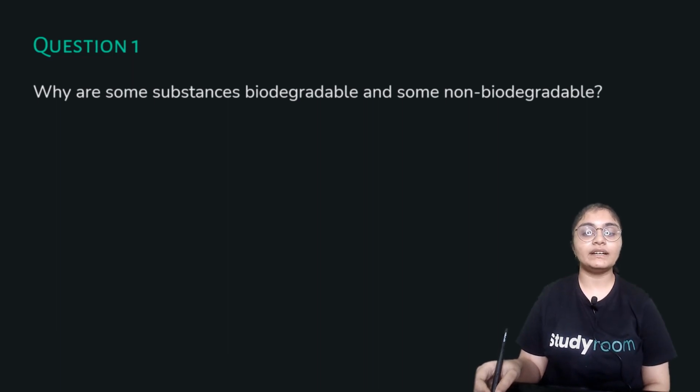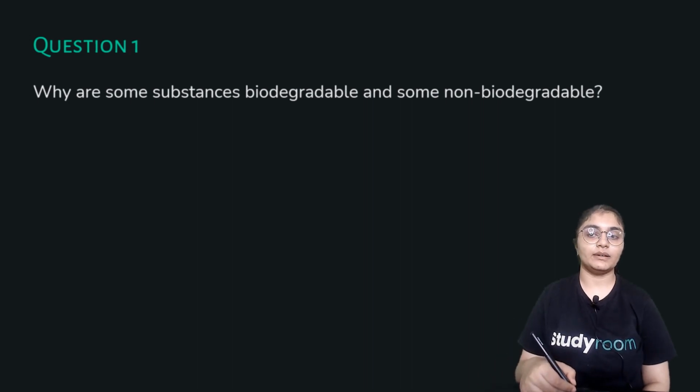They break down materials or products made from natural materials, say paper, but do not break down man-made materials such as plastic. So it is due to the property of these decomposer organisms present in soil, of being specific in their action, that some waste materials are biodegradable whereas others are non-biodegradable, right?